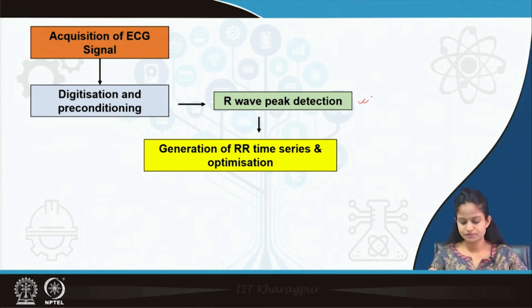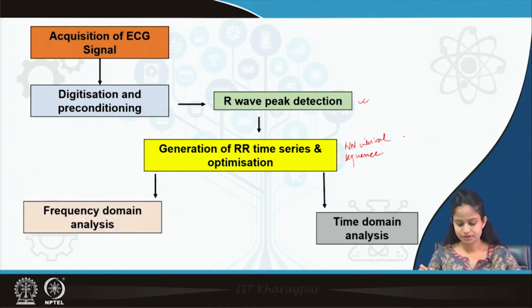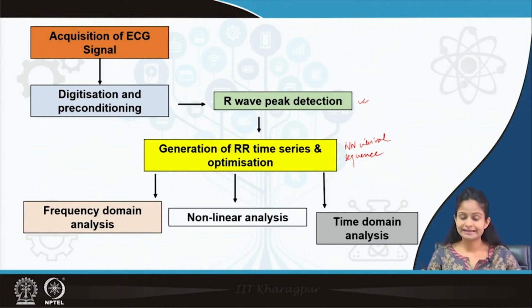Now, generation of RR time series means NN, RR is also known as NN, interval sequence. So, with this NN interval sequence, we get time domain analysis and nonlinear analysis, and when we do this interpolation of this NN interval sequence and resampling of this sequence, we get frequency domain analysis.